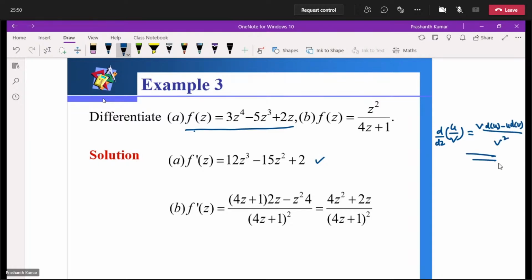This is the formula we are using. You see here 4z plus 1 we treat as a constant, and z square derivative is 2z, minus z square we treat as constant and 4z plus 1 derivative is 4, by v square, 4z plus 1 whole square. So this is equal to 4z square plus 2z by 4z plus 1 whole square. This is the answer.